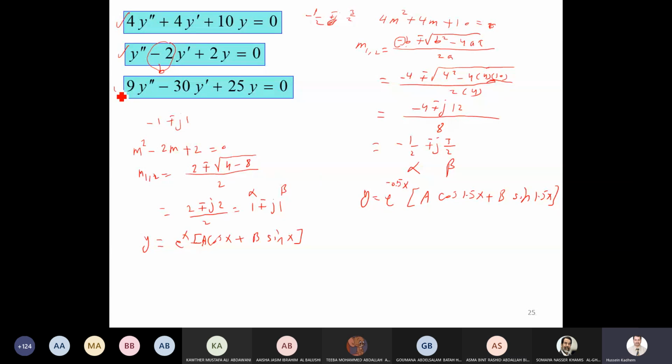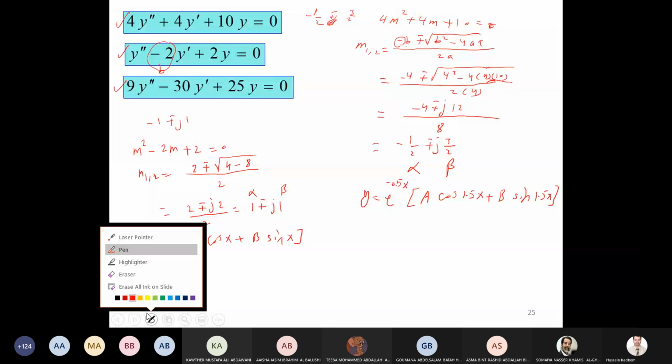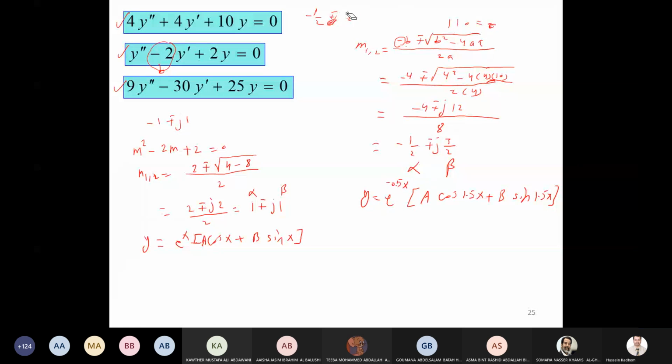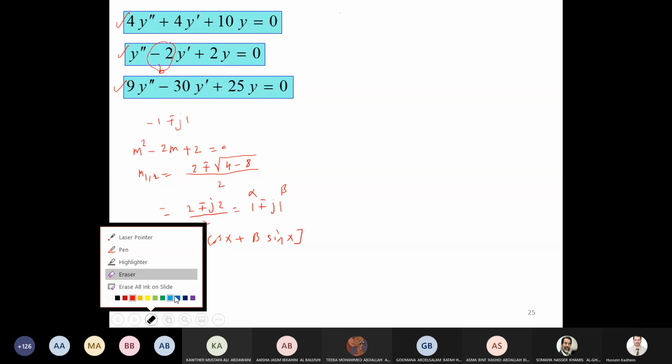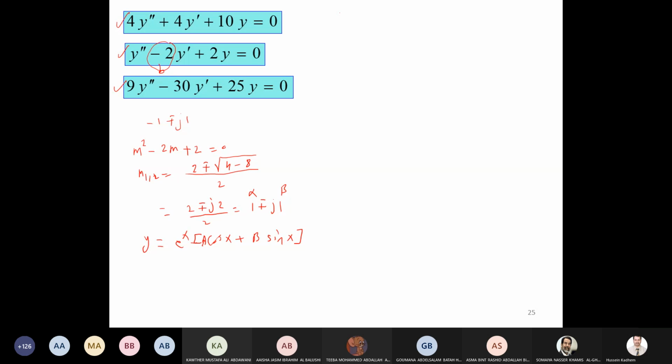So can we solve the third one? Can you solve it? Solve it by quadratic formula, by the formula.